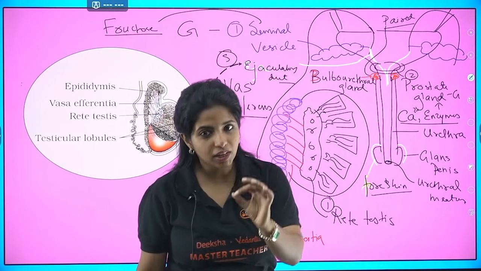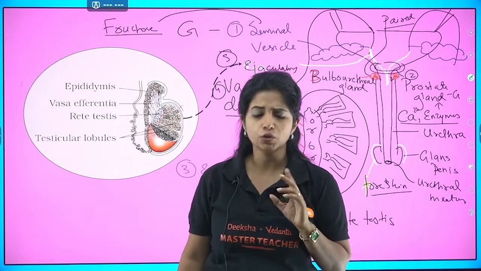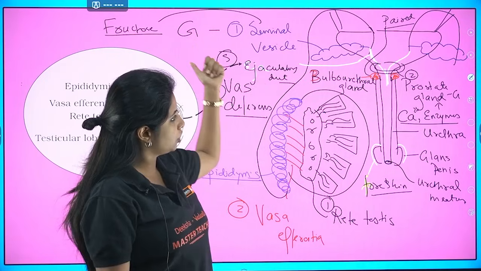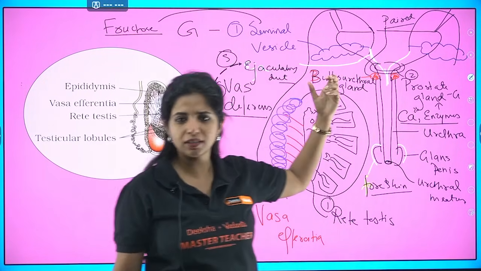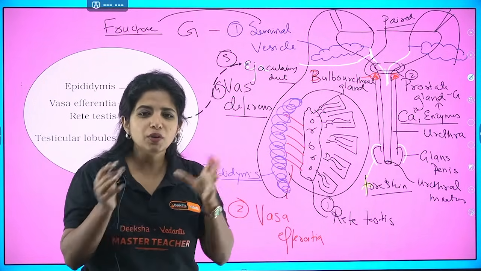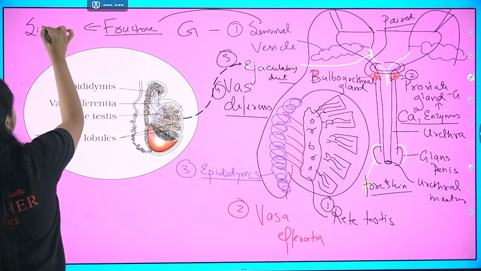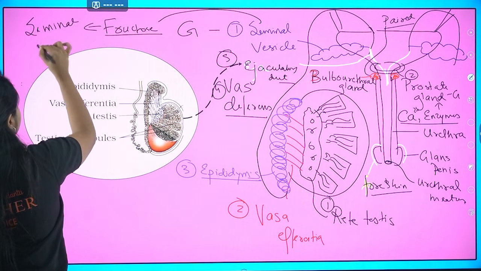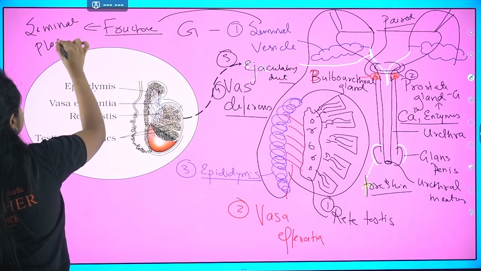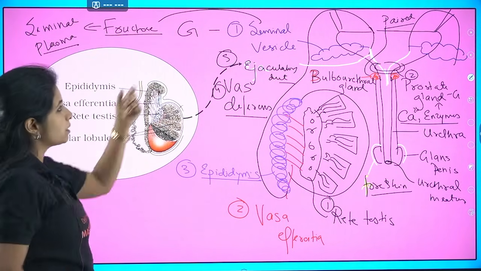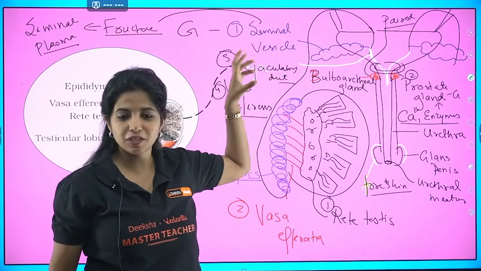Now one very important thing before I go ahead. These secretions, the fructose, calcium, enzymes and the lubrication for the penis, what do you call this secretion? All the secretions put together are called seminal plasma. Always remember, the seminal vesicle is not the only one giving seminal plasma.